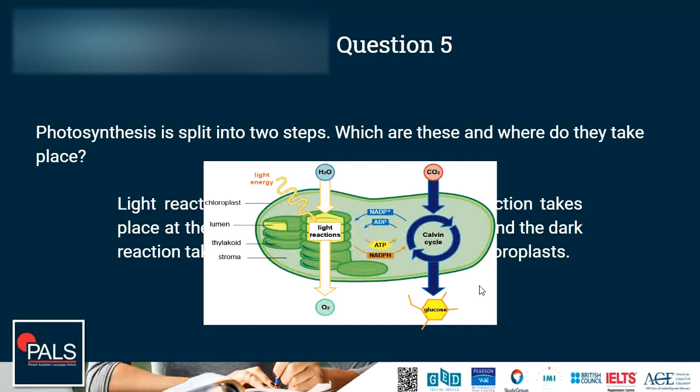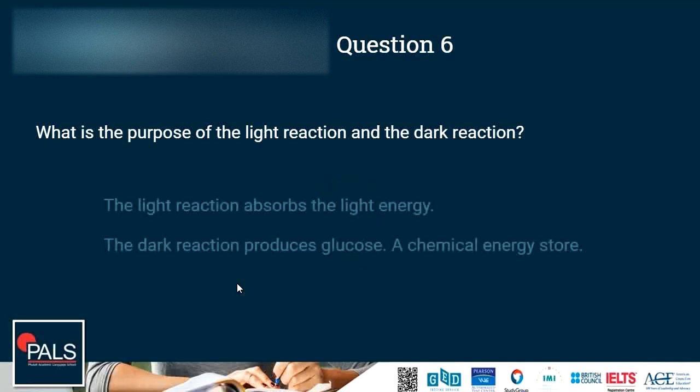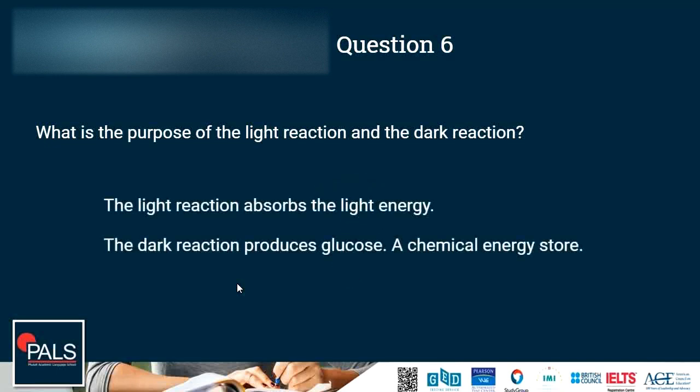This happens inside the stroma. What is the purpose of the light reaction and the dark reaction? The light reaction absorbs the light energy, whereas the dark reaction produces the glucose, a chemical energy store.